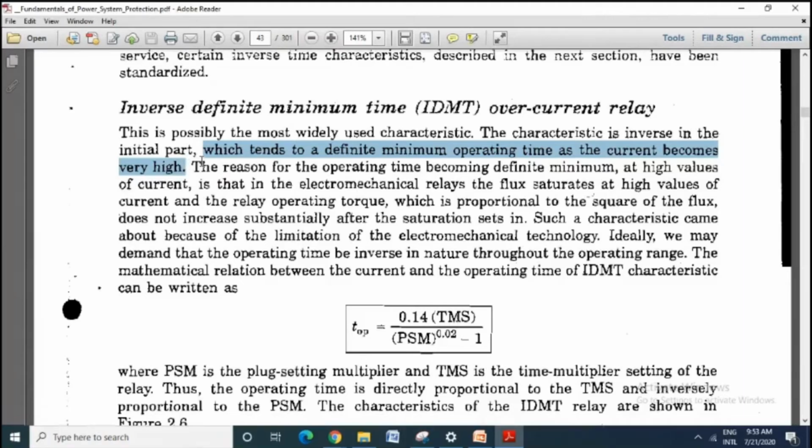We have also discussed that at the end of the graph, where the current gets extremely high, it tends towards the definite minimum operating time.